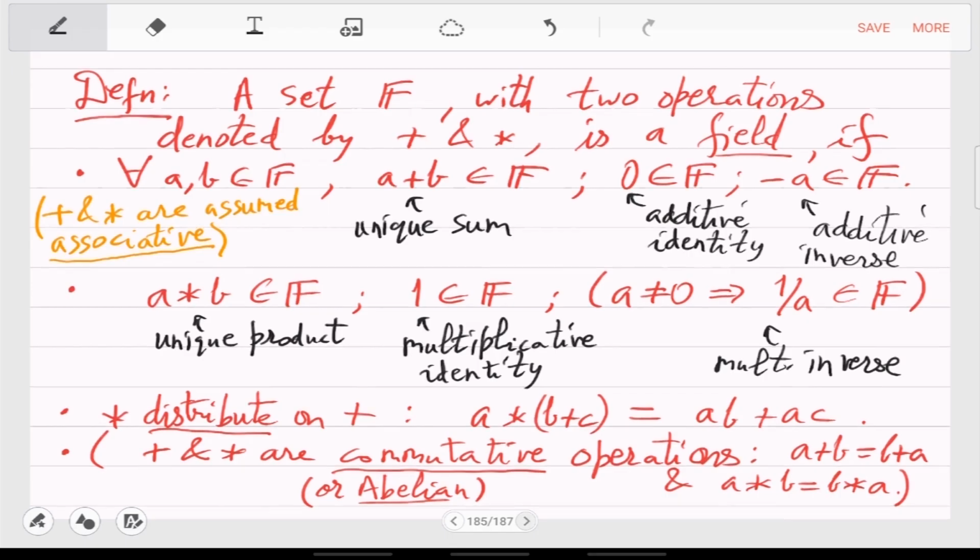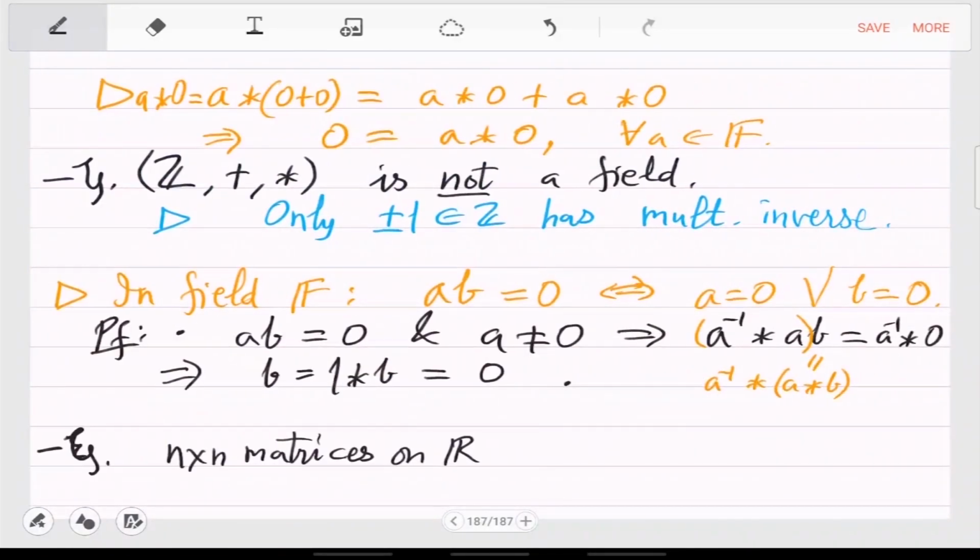In fact, yeah, so that was the example I was going to give. So for n by n matrices doing addition and multiplication, what are the things in the axioms that are missing? The set of axioms or the set of properties that a field should have, in this set of matrices, what do you think is missing?